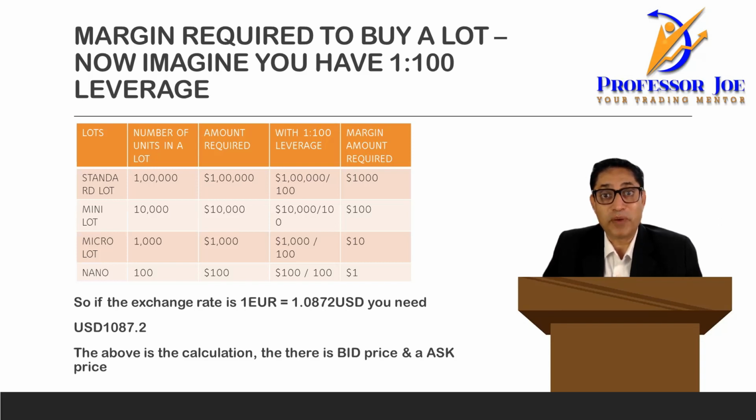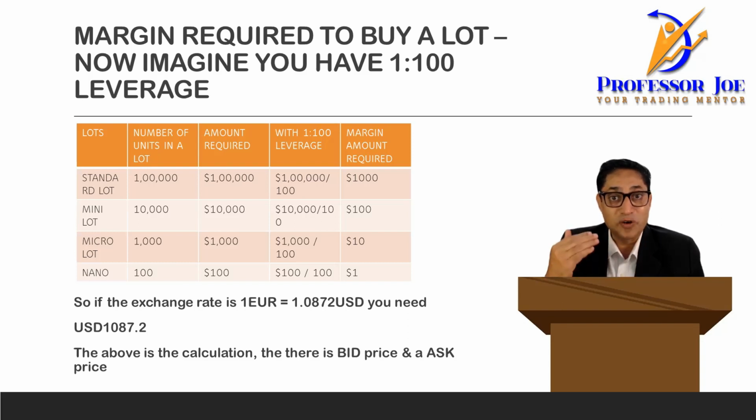So when you go to buy a standard lot of euro from a broker or a dealer using Forex, they will not sell it to you at $1,087.20. They will sell it to you at a higher price. And when you go to sell it back to them, they will buy it from you at a lower price. So that is called the ask price and the bid price.